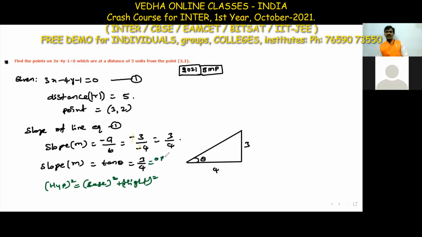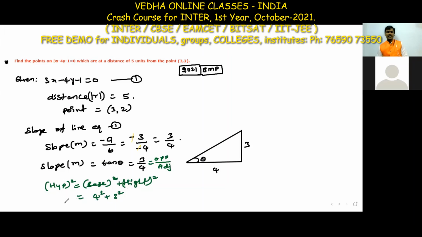This is opposite side by adjacent side. Base square plus height square, where base is adjacent and height is opposite. Substituting the values, base is 4 square plus height is 3 square.